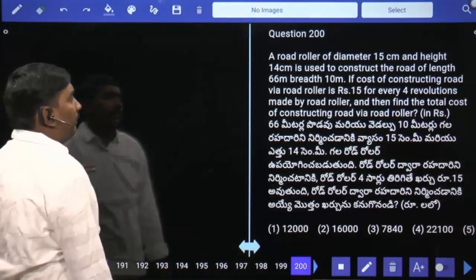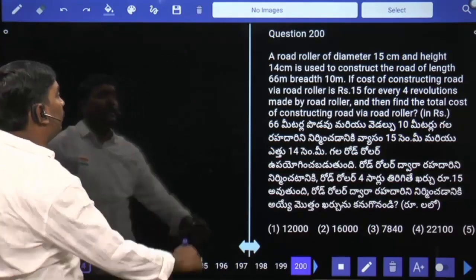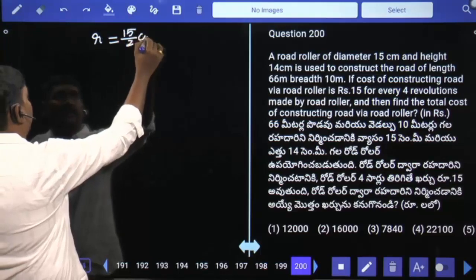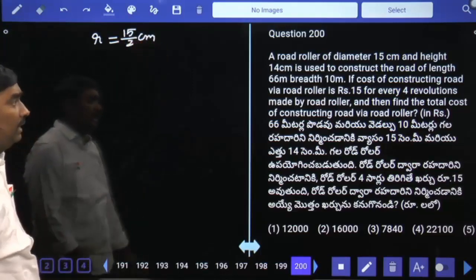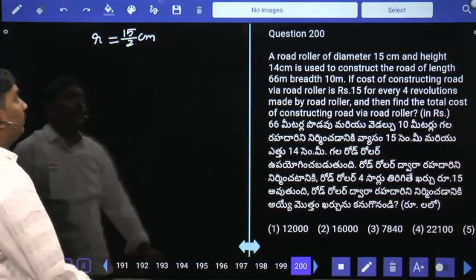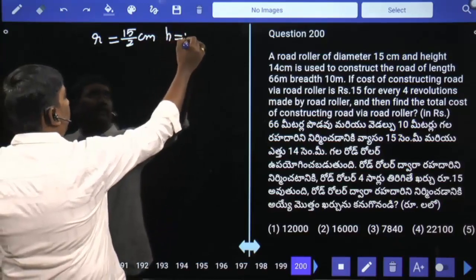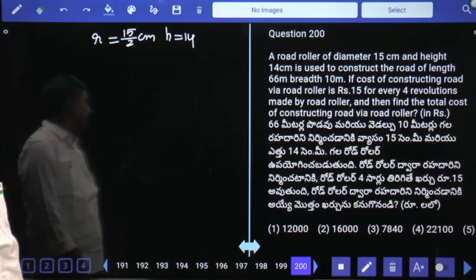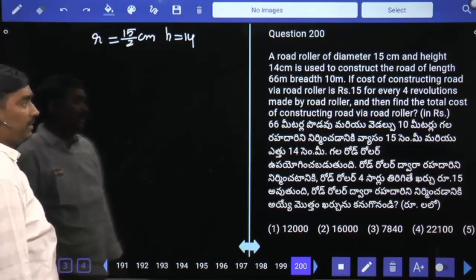A road roller of diameter of 15 centimeters. Diameter of 15 centimeters means radius 15 by 2 centimeters. And height 14 centimeters is used to construct the road of length 66 meters and breadth 10 meters.